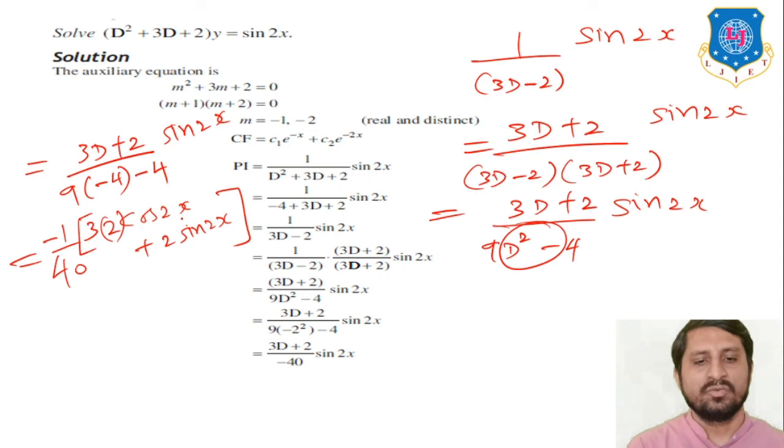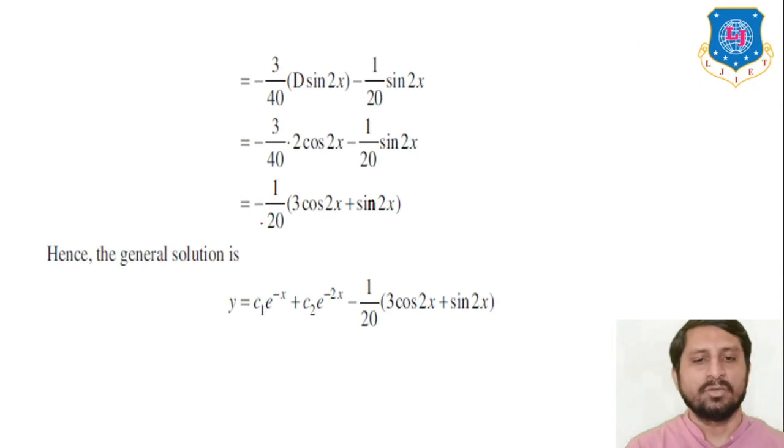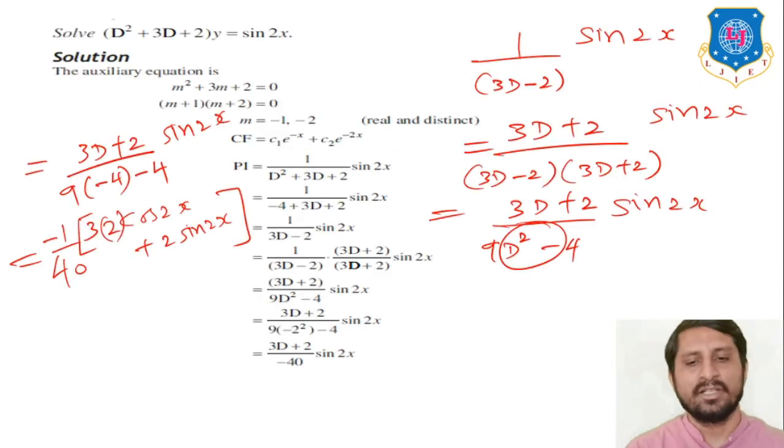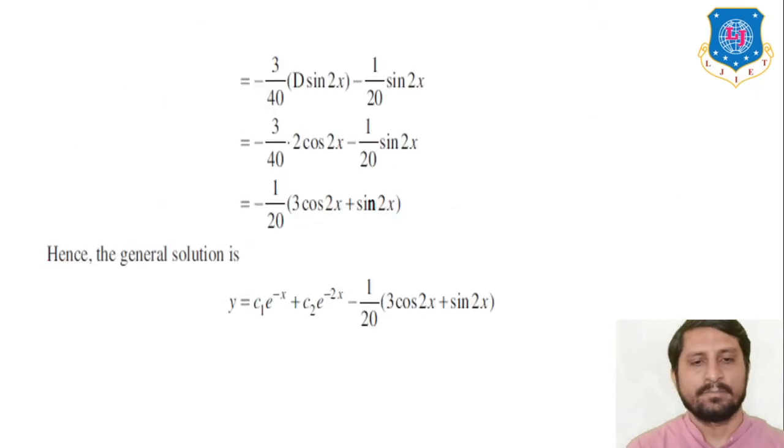So 6 cos 2x plus 2 sine 2x divided by 40 and minus 1, so minus 1 by 40. Now here you can see that 2 is common and cancels out with 40, so minus 20. So the final answer is minus 1 by 20 (3 cos 2x plus sine 2x).